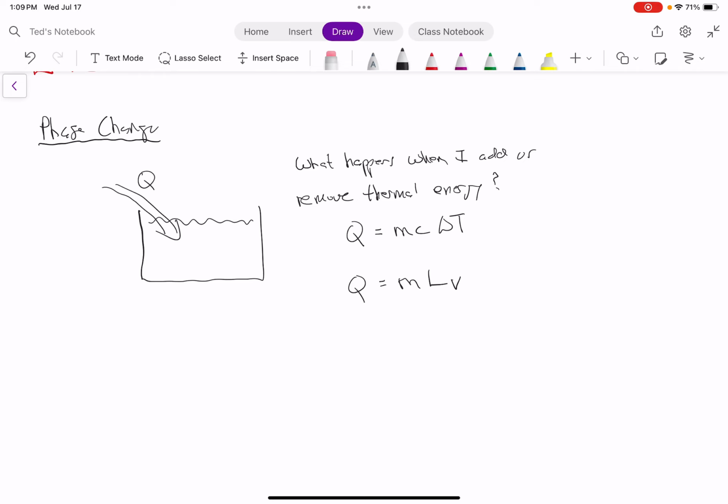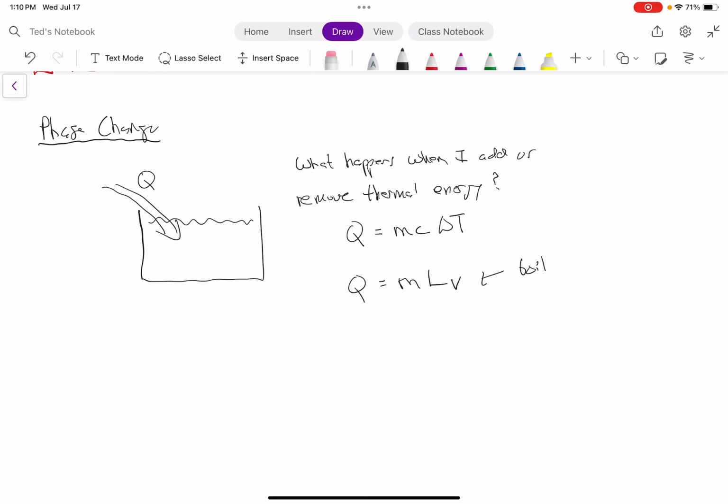So again, the latent heat of vaporization is a property of the material. Different materials will have different values, but this is the heat required to boil a substance. So if you're adding heat to a substance, you're going to be converting it from a liquid to a gas, you're going to be boiling it.